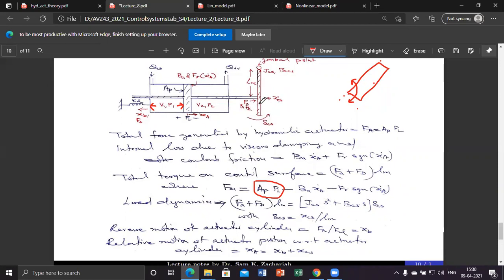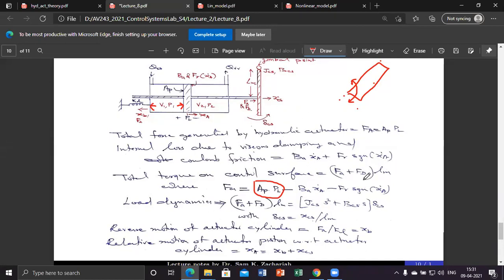on the control surface. You know that FA acts at a particular point, but FD is a distributed force. So we have to select a center of pressure, an equivalent point. Here the distributed force effect will be equivalently represented with respect to this particular point. And so, the total force FA plus FD, into LM, where LM is the lever arm.